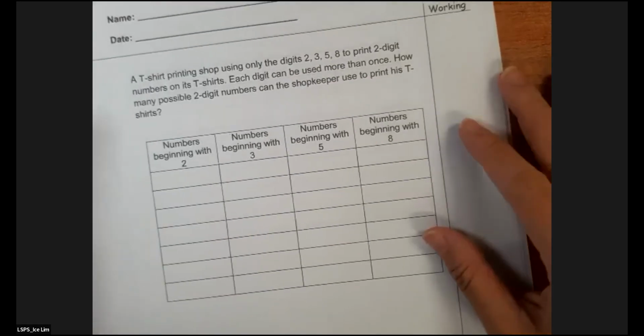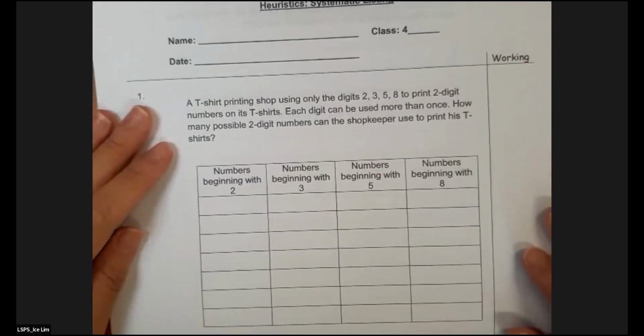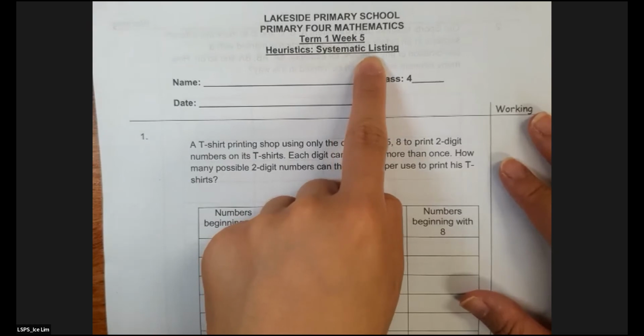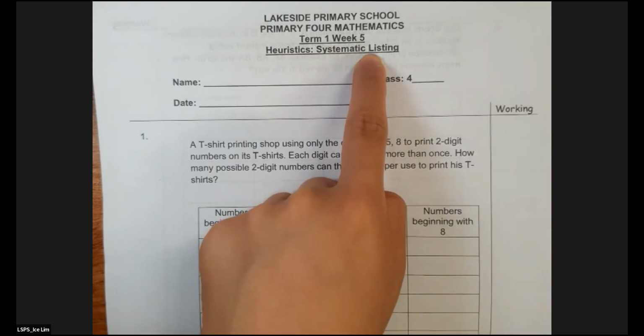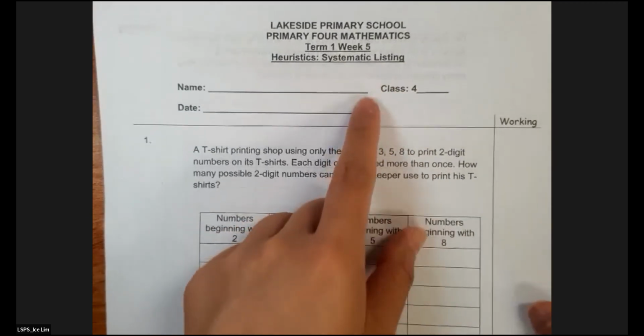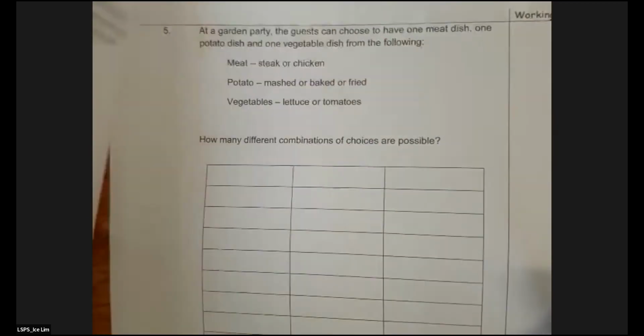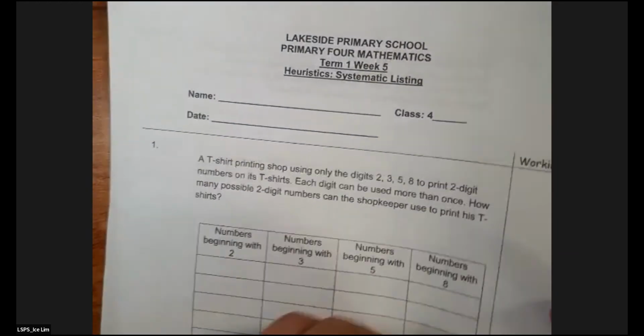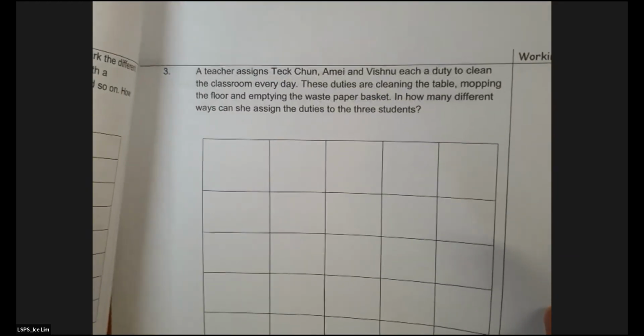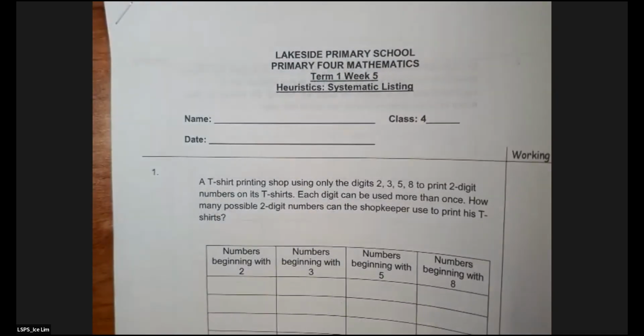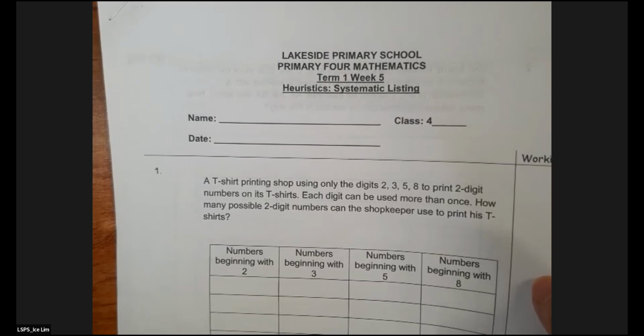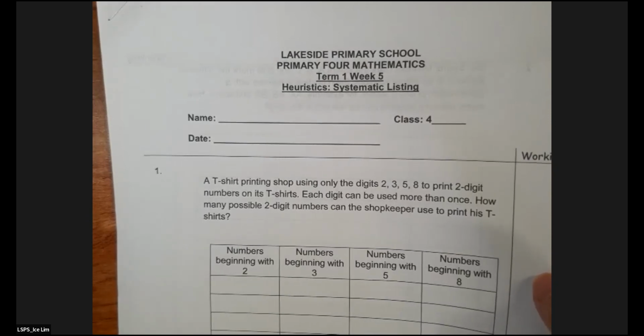Okay, so this worksheet is under what we call systematic listing. This is a very special type of worksheet whereby you see word problems, and these problems sometimes cannot be solved by using model drawing, and you have to have other methods to solve it.